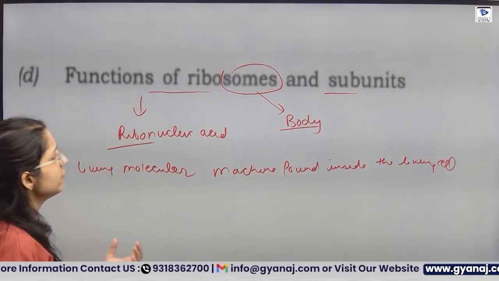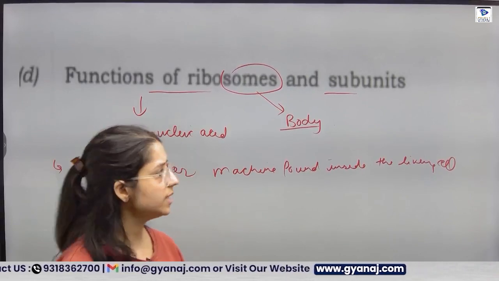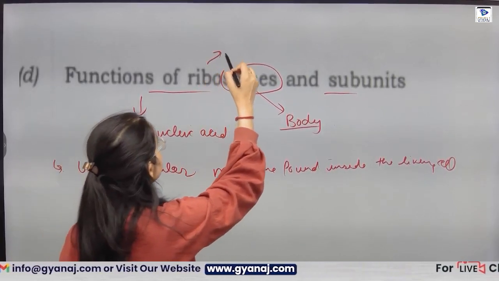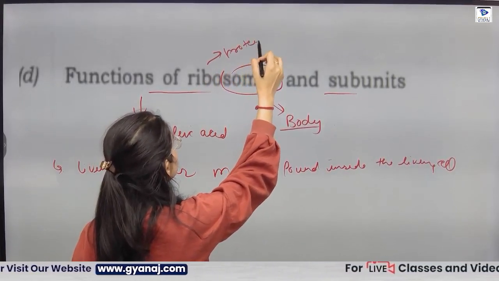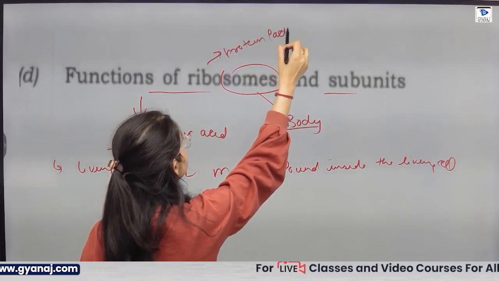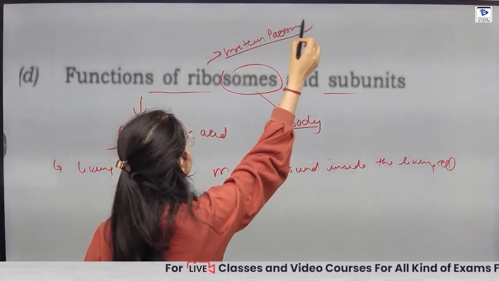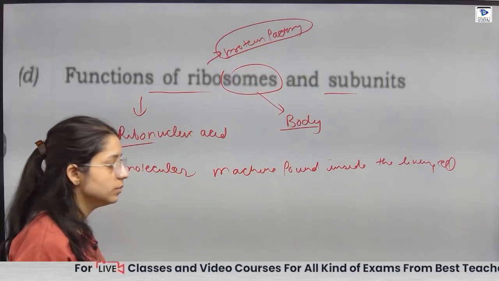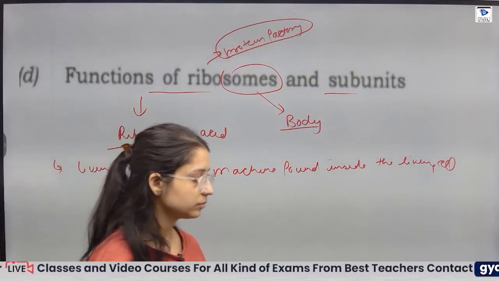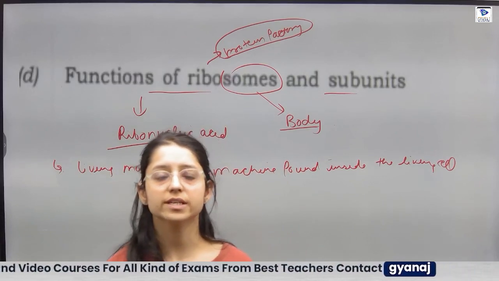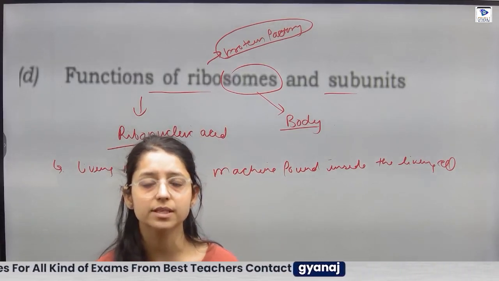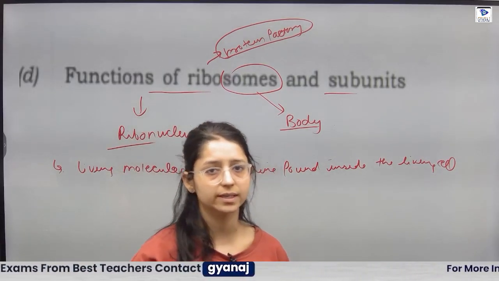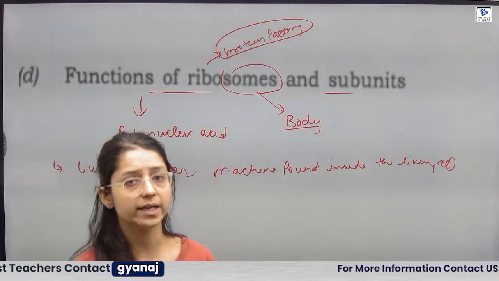What is the main function? These ribosomes are the protein factory. They form proteins. Ribosomes are found in both prokaryotic as well as eukaryotic cells. It is the single organelle that is present in both prokaryotic and eukaryotic cells.